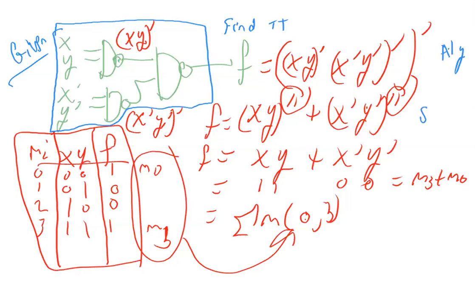Simplify, use De Morgan's theorem, and then obtain the canonical sum of products. And finally, once we had that, we were able to map the canonical sum of products into a truth table. And now that's what we wanted to find.